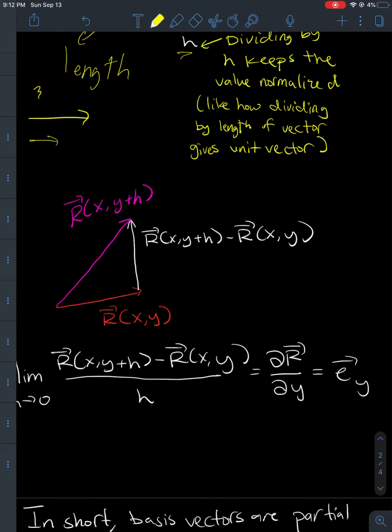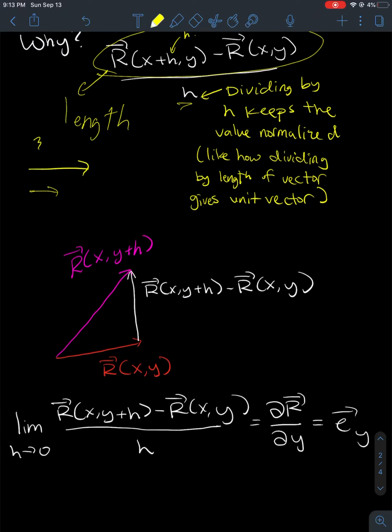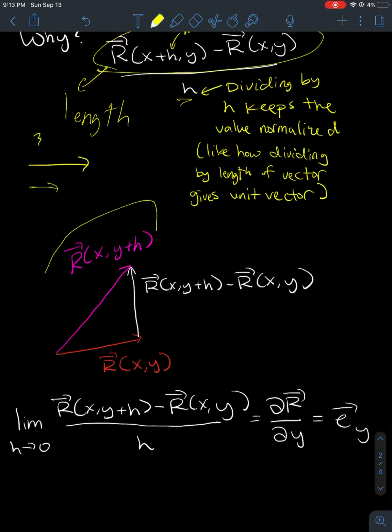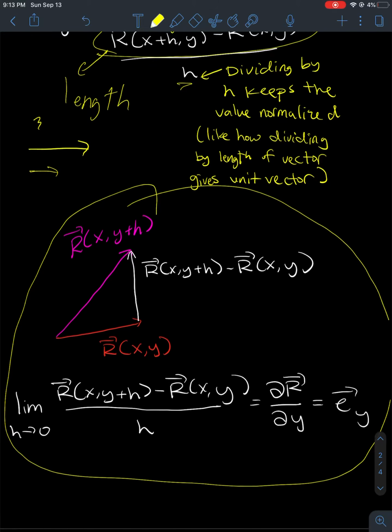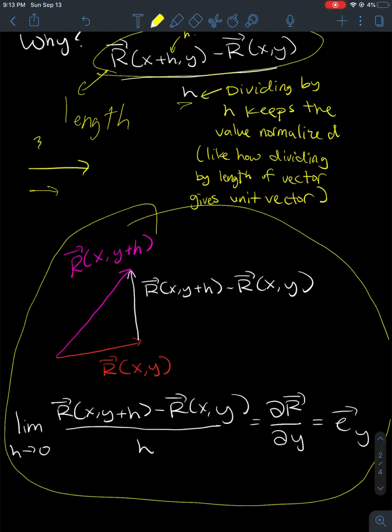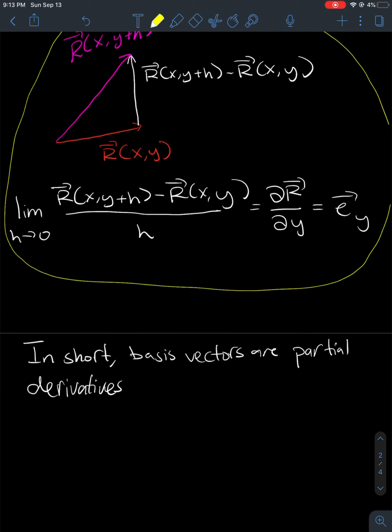So that makes completely intuitive sense, and you can use the same logic for the EY basis vector, as you can see over here. And this applies for all basis vectors. So all basis vectors can be reinterpreted as derivatives.